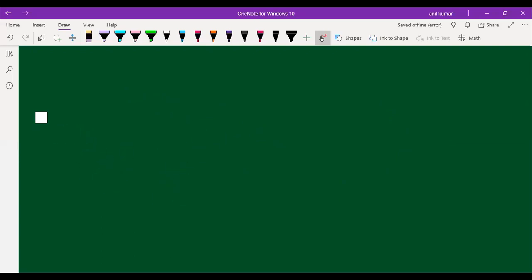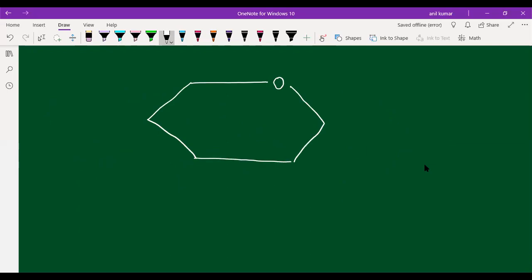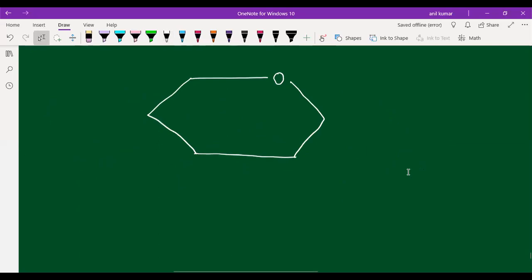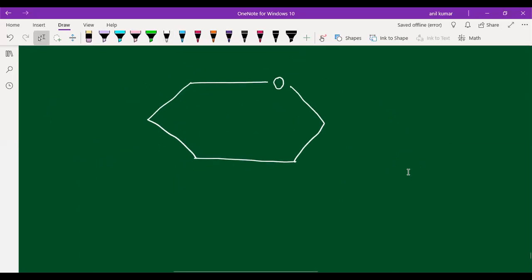First you draw the glucose structure like this, the pyranose structure. Below that you draw the fructose structure like this.